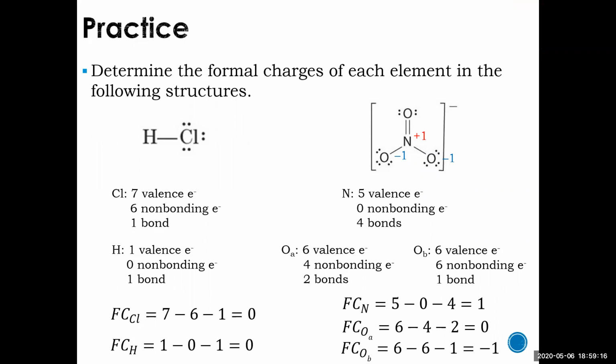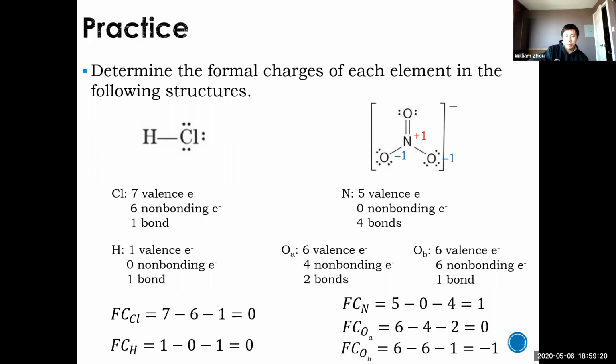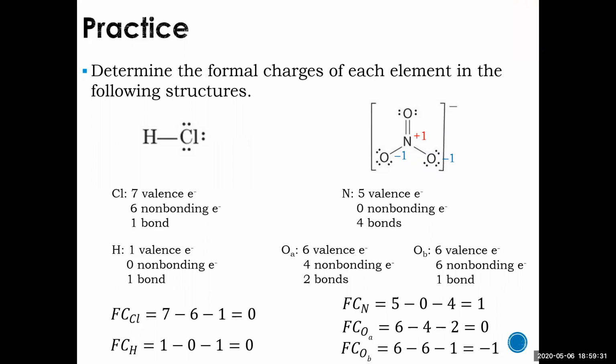So do the formal charges have to add to 0? Only if your molecule is neutral. Now, for the nitrate, it's not neutral, it's -1, so they must add up to -1. And it does. You see what I mean? If something has a charge, you need to add up to the same number.